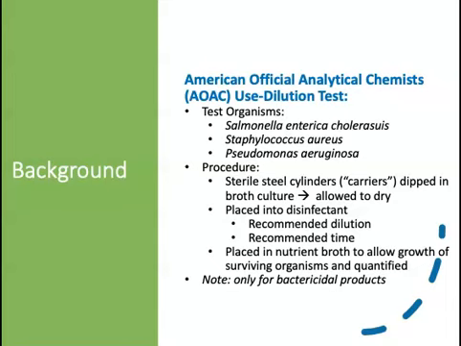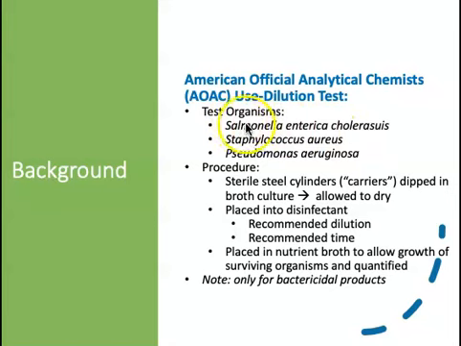This is a test that's performed by a group called the American Official Analytical Chemists, or the AOAC. This use dilution test uses Salmonella enterica choleraesuis as a test organism, as well as Staphylococcus aureus and Pseudomonas aeruginosa once again.